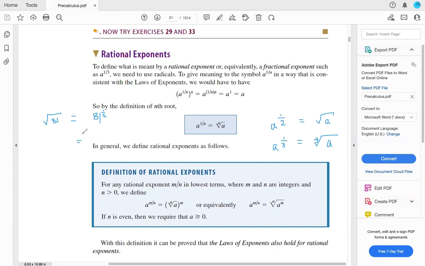How can you manipulate this? It's really tricky, but I will show you. We know 81 is 9 to the second power, and we also have 1/2 for the exponent. You need to keep in mind to write the 1/2 here.